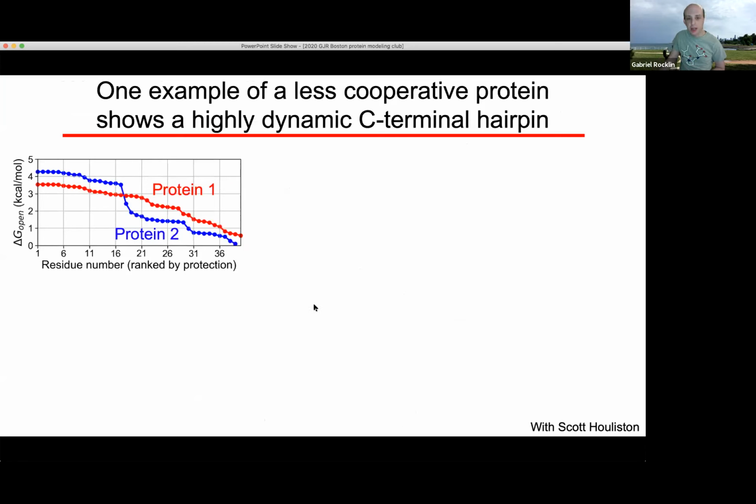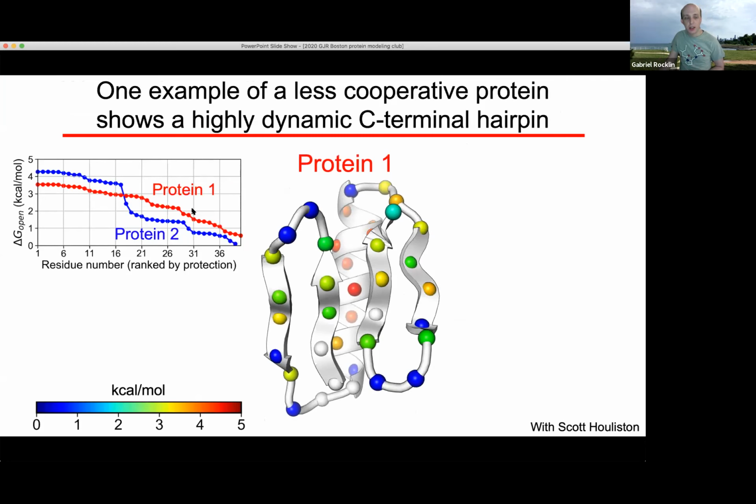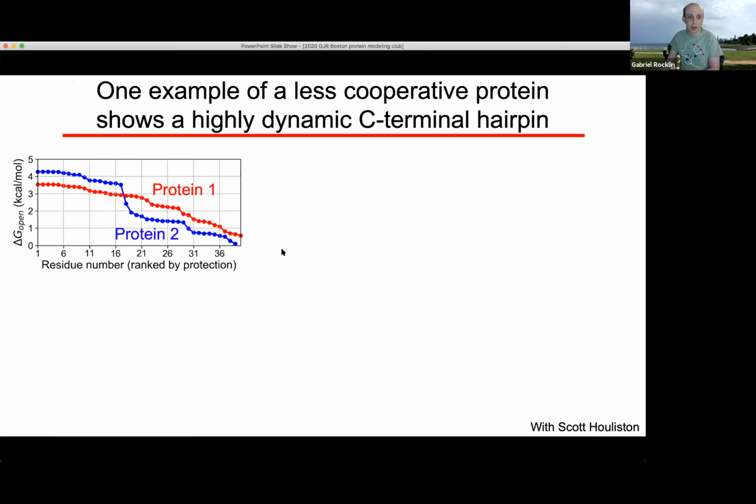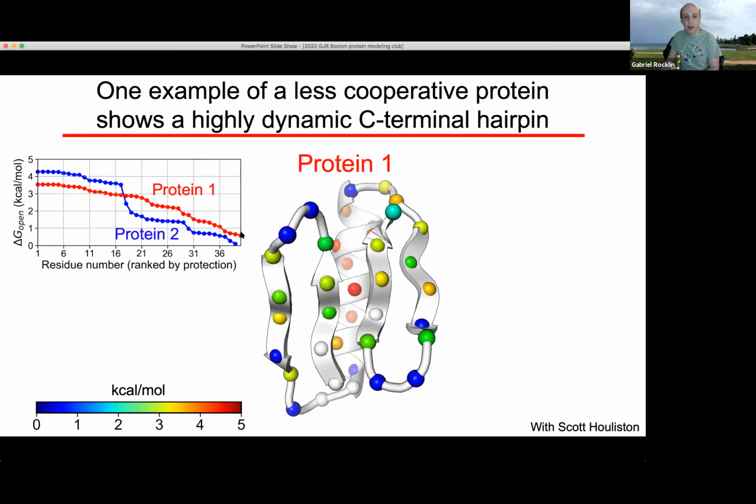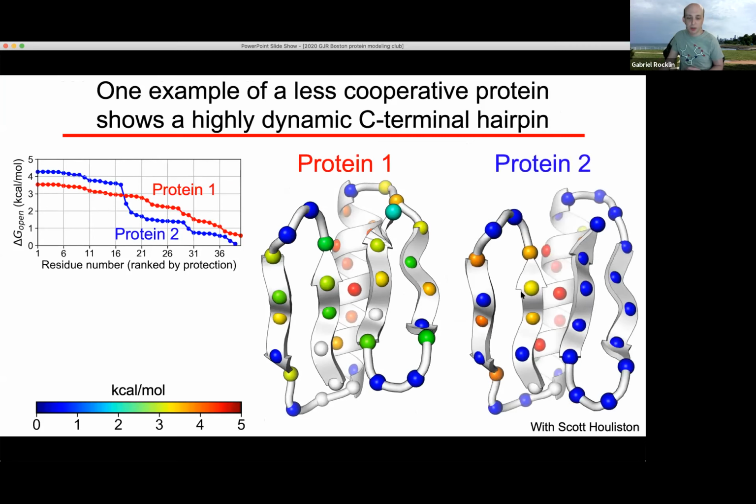We used NMR to characterize both of these proteins in detail. So this is actually, they were orange and blue on this previous slide, and now they've turned into blue and red. What we did here, because our method can't identify the opening energies at each position, we used NMR to do that, and measured the opening energies at every site in these proteins.